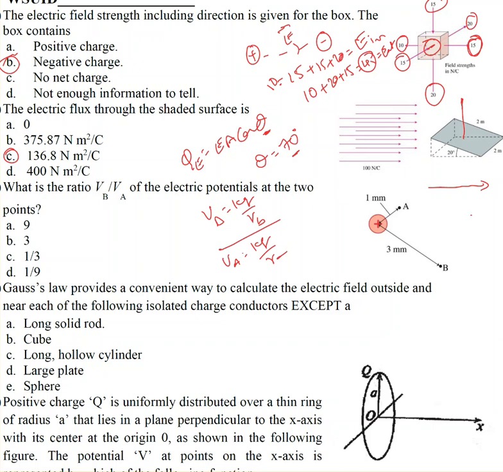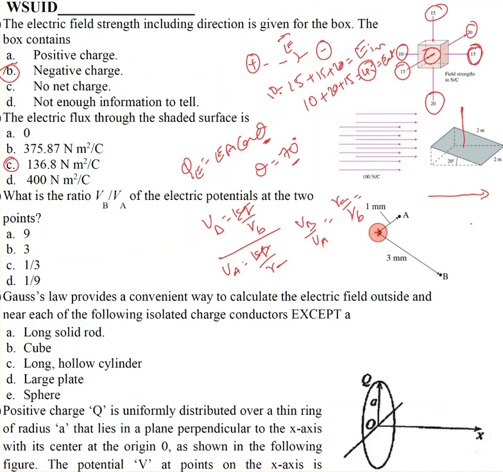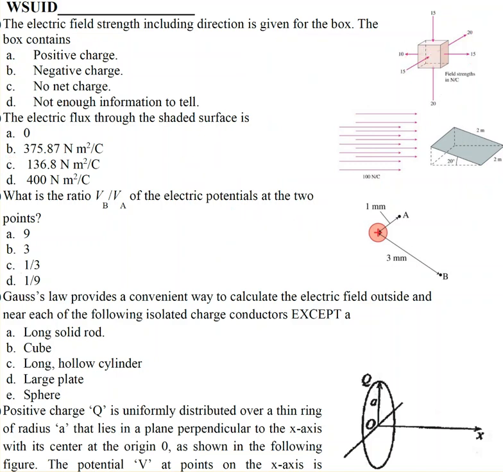KQ gets cancelled out. So VB over VA equals, can I say, RA over RB? So I have RA equal to 1 mm and RB equal to 3 mm. So it's 1 over 3. VB over VA equals 1 over 3.